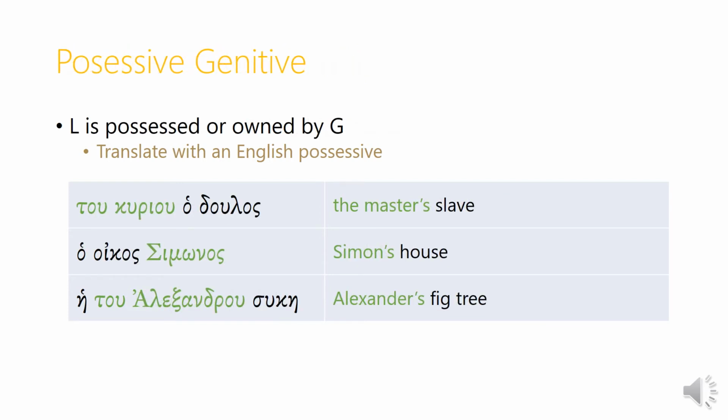A possessive genitive translates much the same way. So, tu kuriou hadoulos is the master's slave. Ha oikos Simonos is Simon's house. But we could always also translate this a little bit more fully. And for he tu Alexandrou souke, we could say Alexander's fig tree, but we could also say the fig tree owned by Alexander.